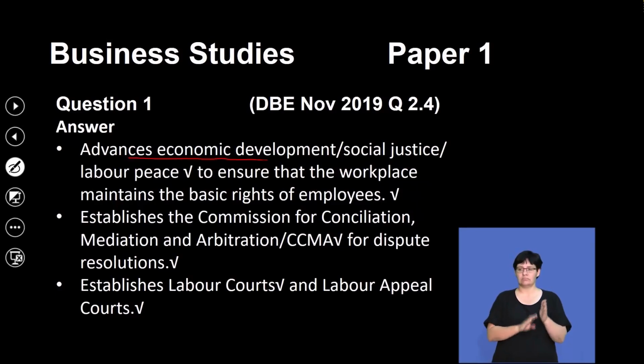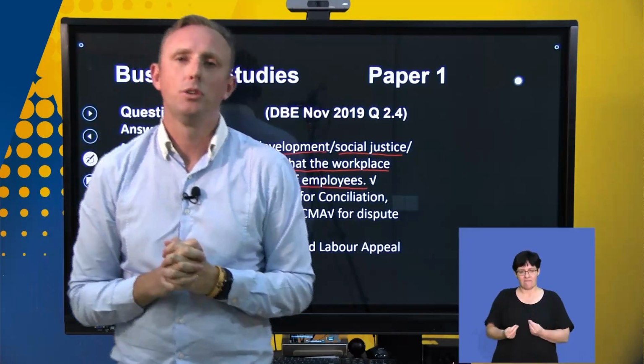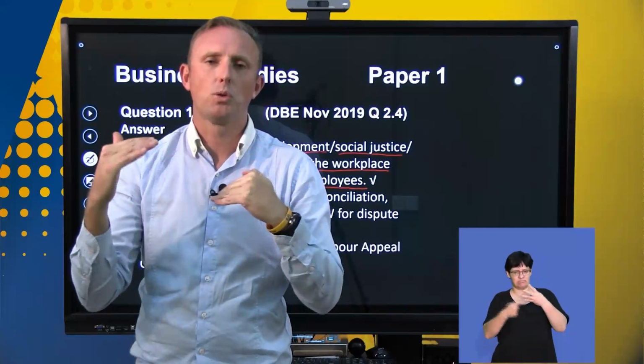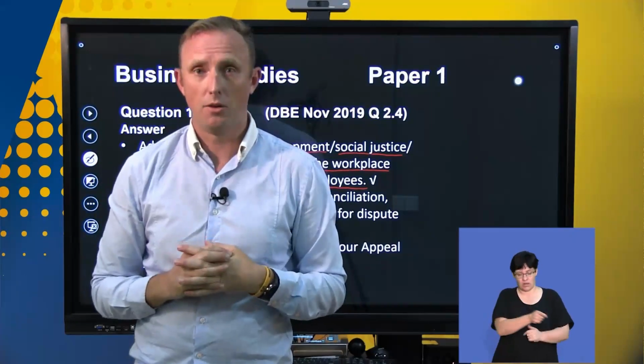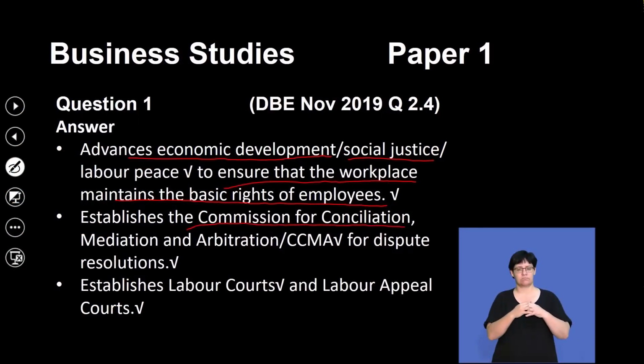It advances economic development and social justice to ensure that the workplace maintains the basic rights of employees. You know that employees are entitled to basic rights, and it makes sure that none of the employees' rights are infringed upon. It establishes the Commission for Conciliation, Mediation and Arbitration, known as the CCMA.